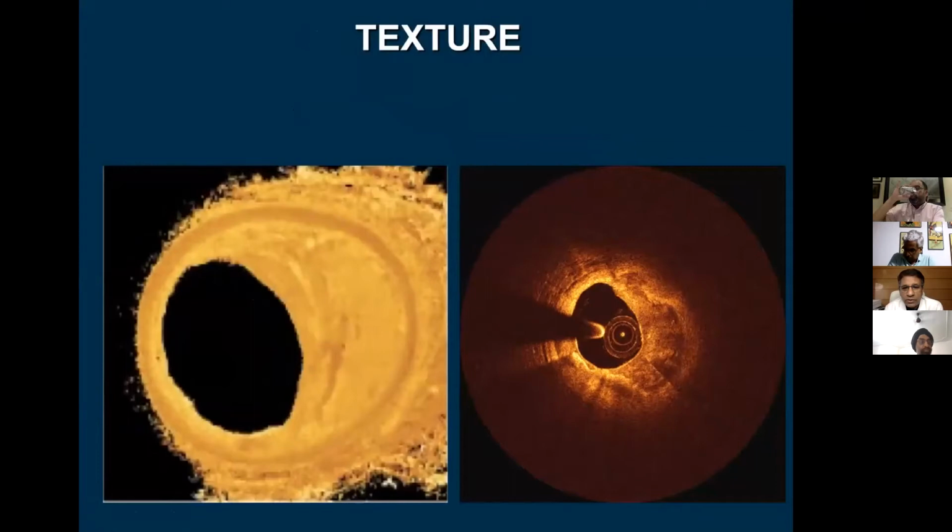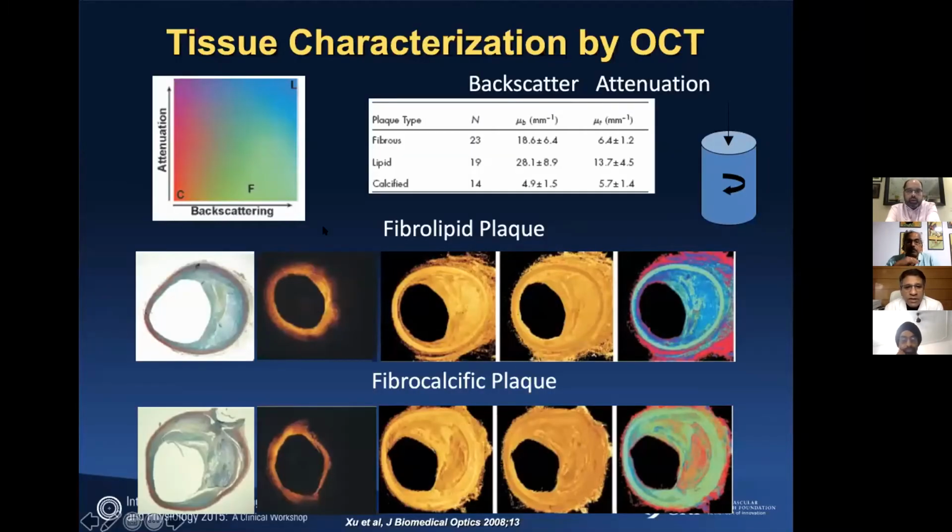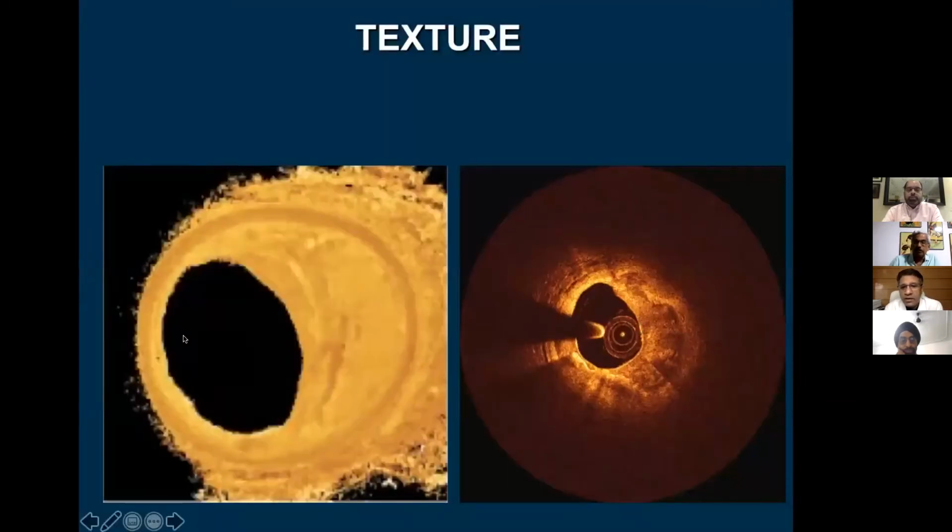So this is the basic characteristic of OCT image interpretation. If we plot backscatter and attenuation on the X and Y axes, you can see that calcium is low backscattering and low attenuation. It is not as sharp in backscattering as this one, and it is not attenuated; the light is passing through.